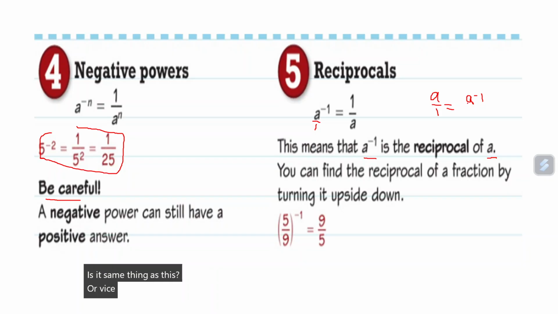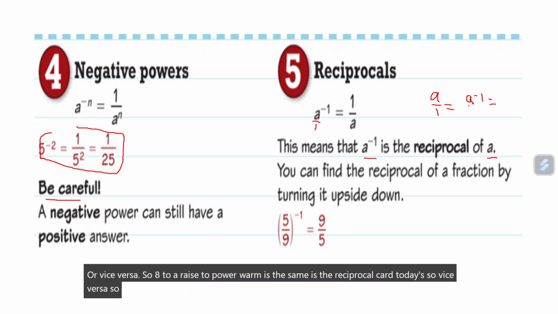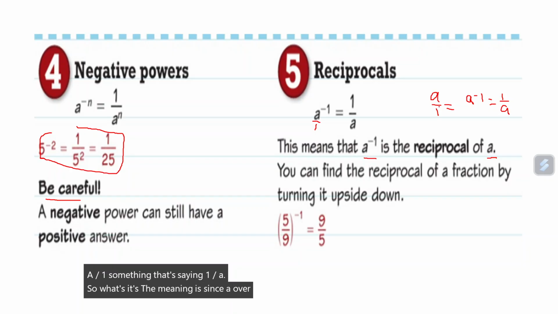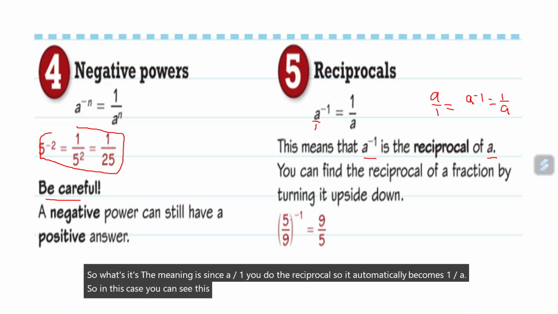A over 1 is the same thing as saying 1 over A. Since it is A over 1, you do the reciprocal, so it automatically becomes 1 over A. In this case, you can see this is 5 raised to the power of 9, all in brackets, to negative 1.